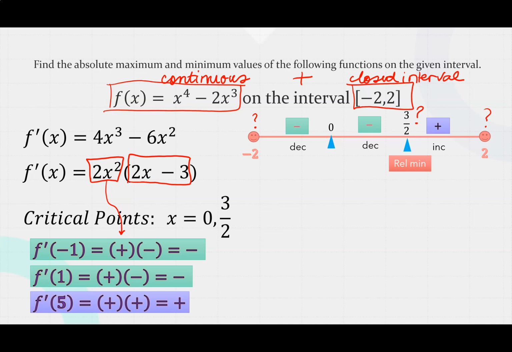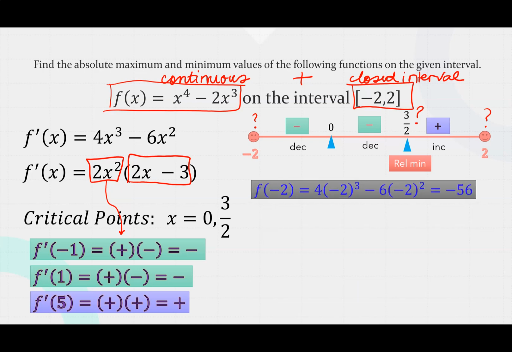What are we going to do to check? Find out what the function value is at those points. So on the left endpoint, f of negative 2 turns out to be negative 56. f of 3 over 2 is 0.